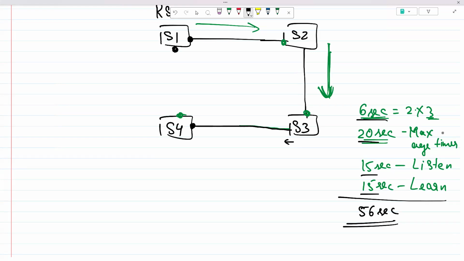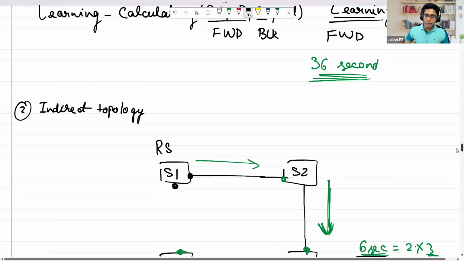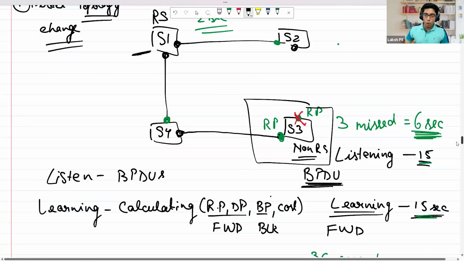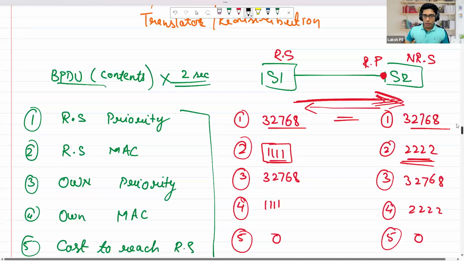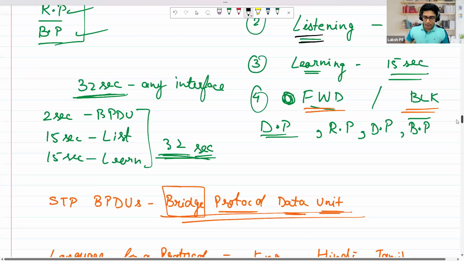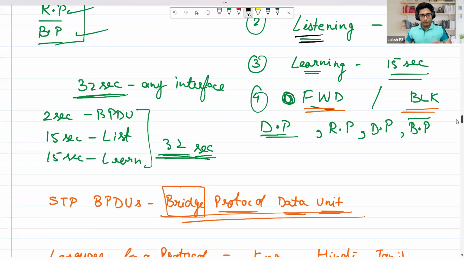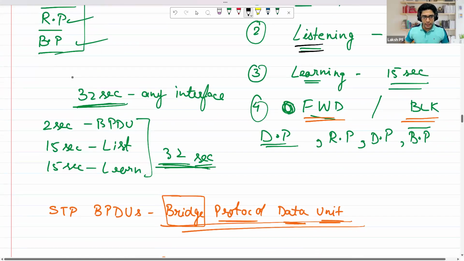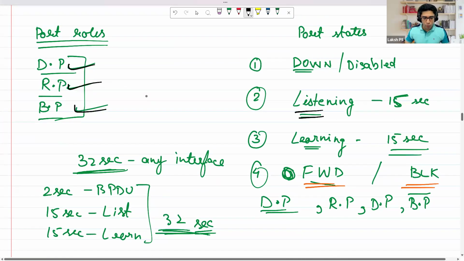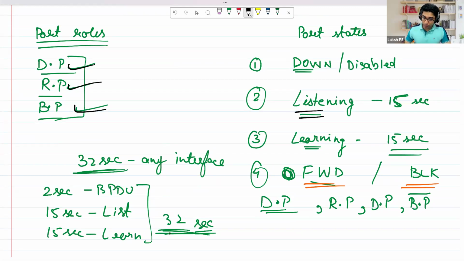Clear? Yeah. So if someone asks, like Prashant said, what is convergence time? In a normal scenario, the convergence time for any interface to come up to any port role, it can be a designated port role, a root port role, or a blocked port role, takes 32 seconds.